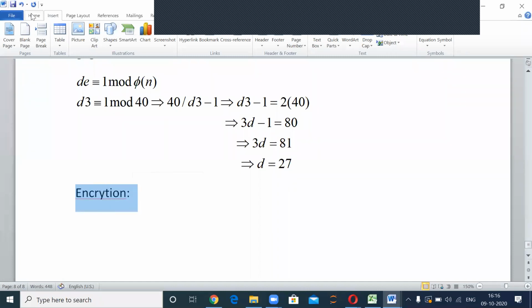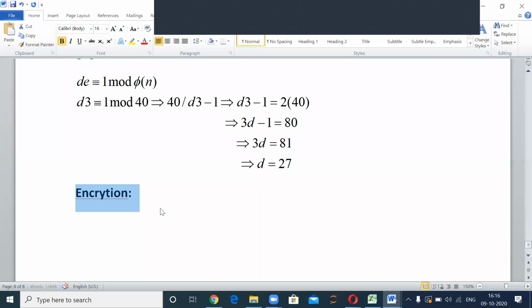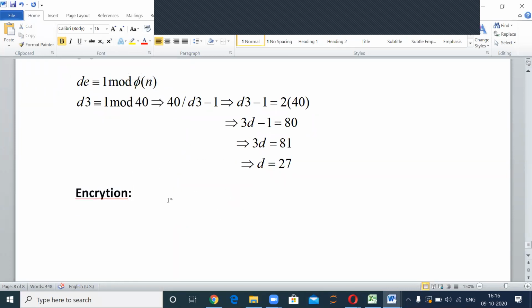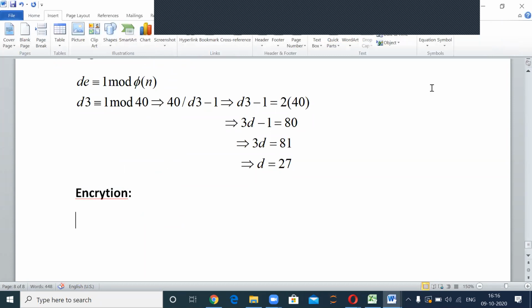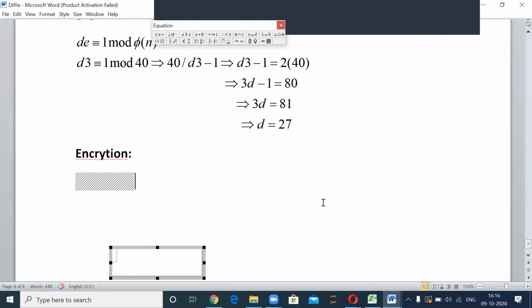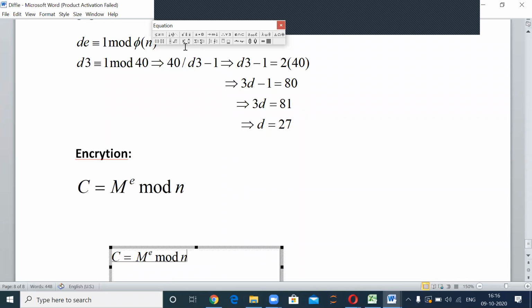You know what formula we use to perform the encryption. Already in the morning class I told you, along with the problems, that encryption can be done using the formula C is equal to M power E mod N. This is the formula we are using.